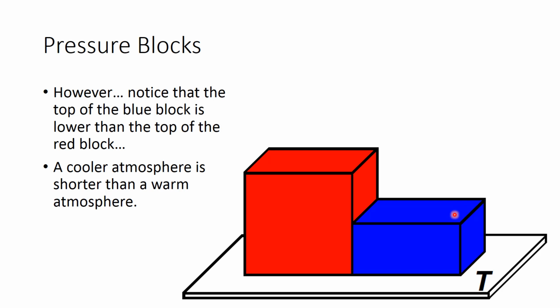And that's because when you have cooler air, that causes the atmosphere to shrink in size. It becomes a lot shorter than it would otherwise be. And same thing happens here. So red block, warmer air, taller. Blue block, colder air, shorter. But again, they both have the same weight. As a result, at the surface, they exert the same pressure.